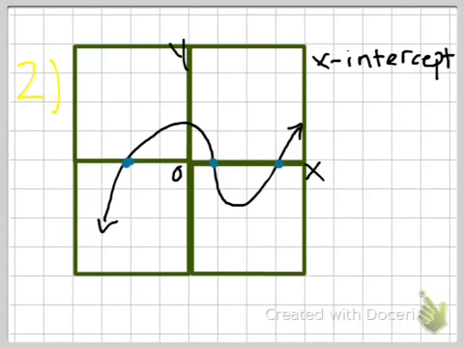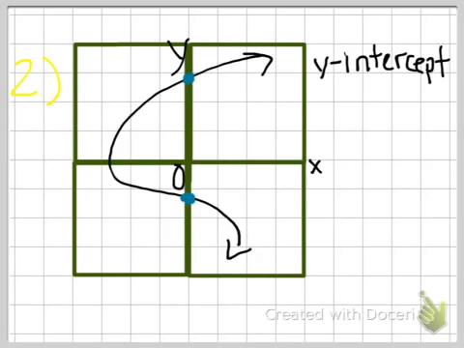The y-intercept is the coordinates of the point where the graph of an equation intersects the y-axis. And in this picture, it illustrates how the curvature of the line creates a y-intercept.